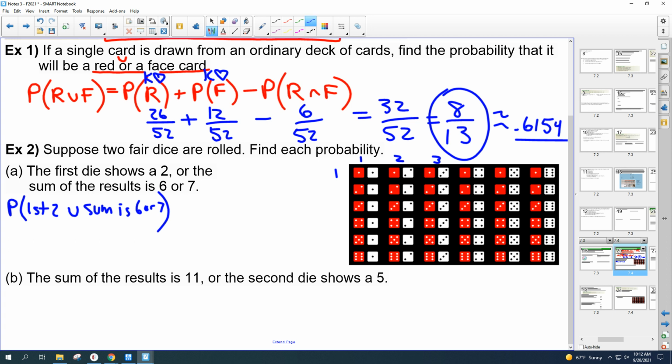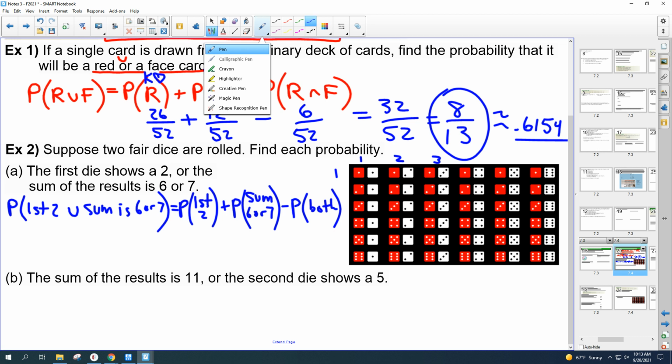We can say that's going to equal the probability that the first one is a 2 plus the probability that the sum is 6 or 7, minus the probability of both of those things happening. So what I would do is just look at this picture and count.